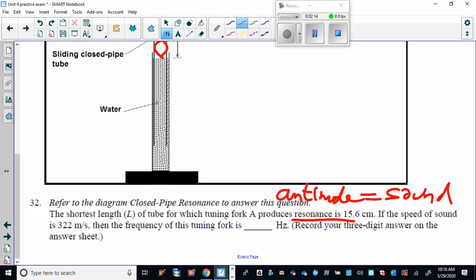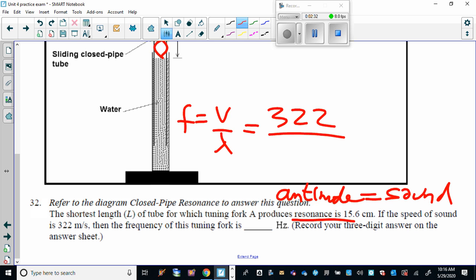The speed of sound is 322, then find the frequency of the tuning fork. So in simple terms, this is just frequency equals velocity over wavelength. We know the velocity. We just need the wavelength. And what the question says is 15.6 centimeters, that's the shortest length.